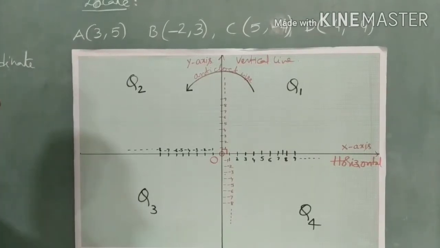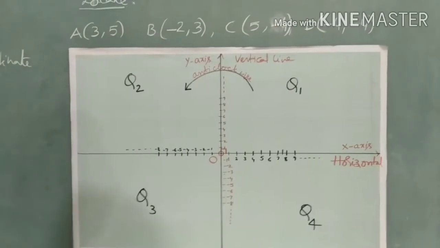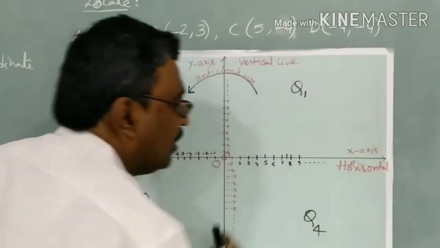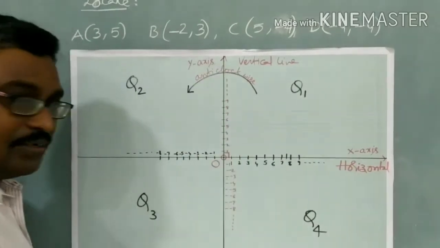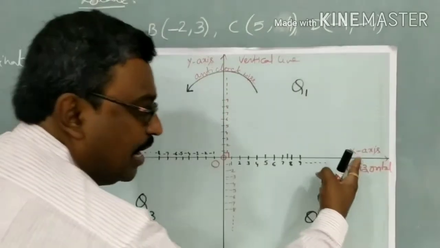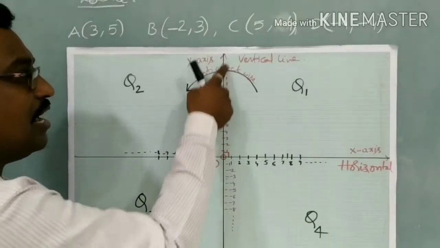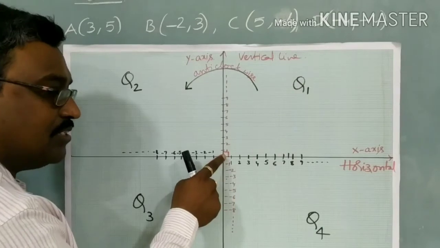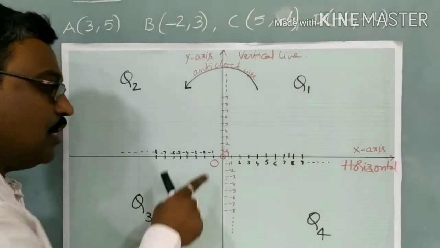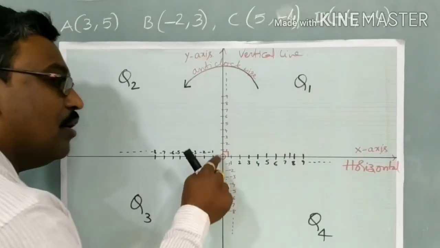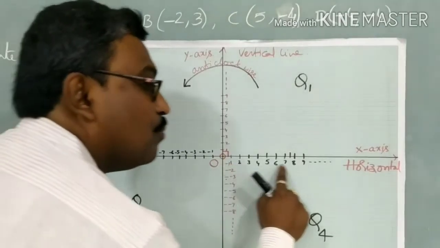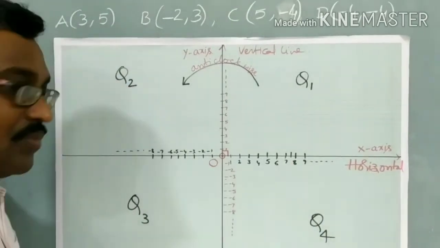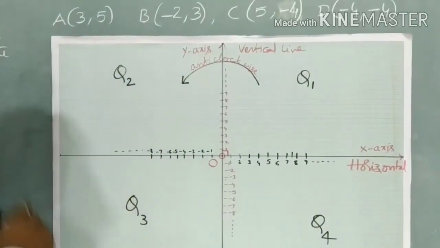Now we are locating the points on the number line. This is a horizontal line and this is a vertical line. The horizontal line is named the x-axis and the vertical line is named the y-axis. The point of intersection of these two lines is the origin, denoted by the letter O. This side is the positive number line and this side is the negative number line.